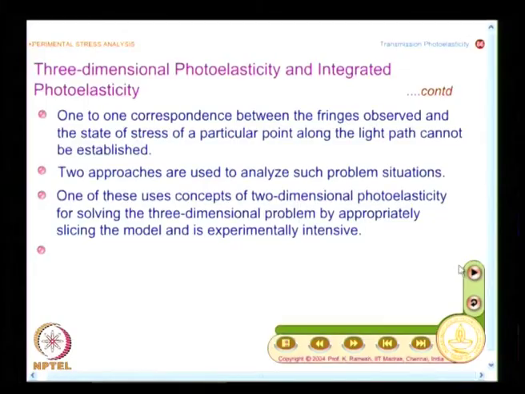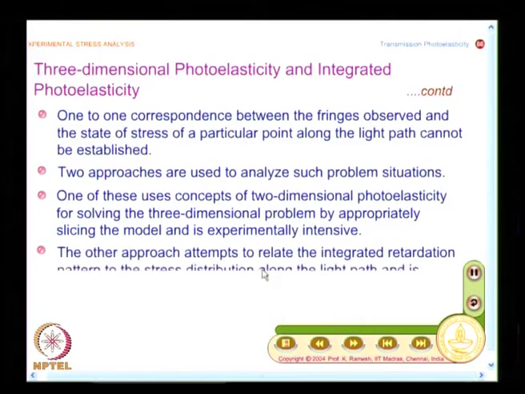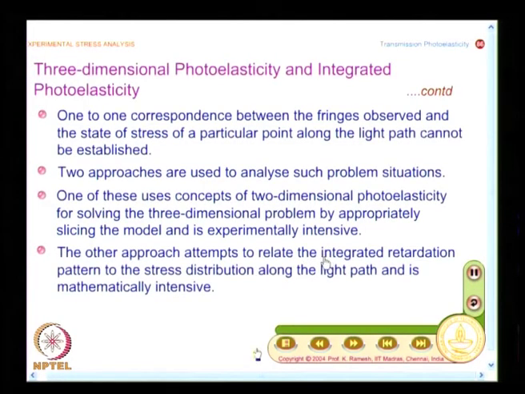So, because of stress freezing, people were able to extend 2-dimensional photoelastic analysis for analyzing 3-dimensional problems intelligently, but it is experimentally intensive. That means I have to do stress freezing, then I have to do slicing, all of which we will see now. The other approach is to directly record the fringe pattern, and you have that as an integrated retardation pattern.